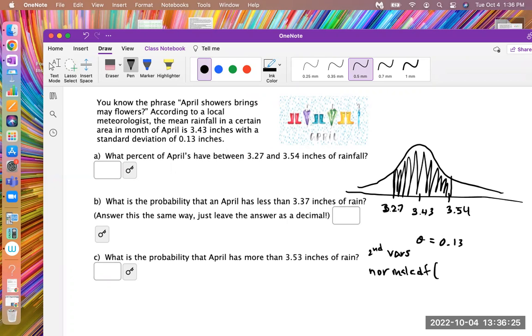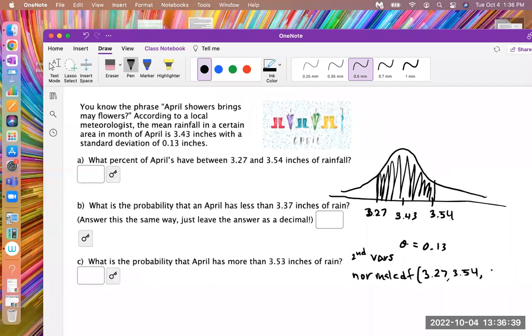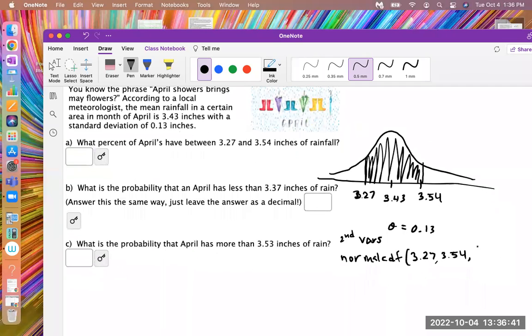You put the lower bound, reading from left to right, where the shading starts, 3.27. Where the shading stops, 3.54, and then the mean and standard deviation, which is 3.43 and 0.13, and then that will give you the area under that curve.